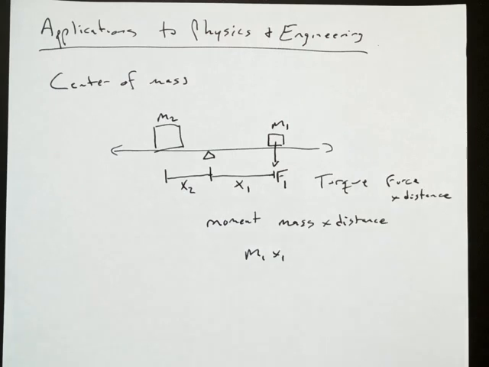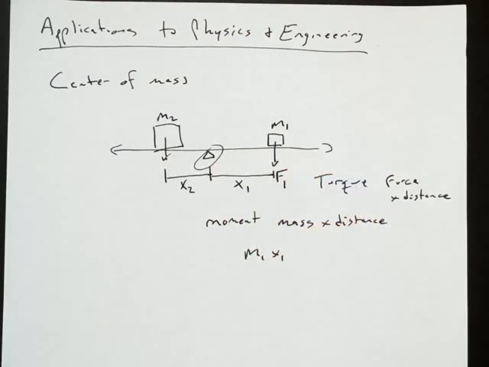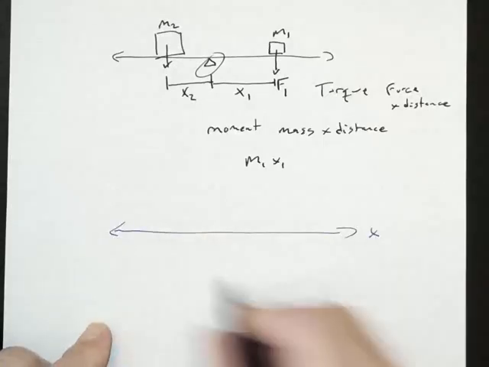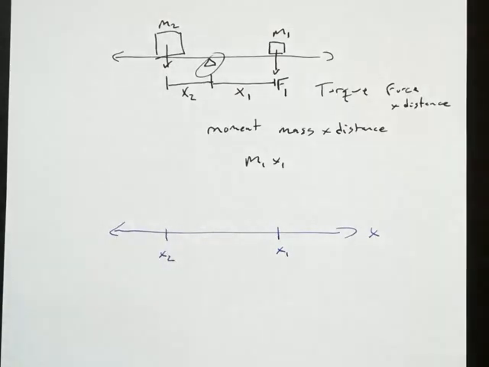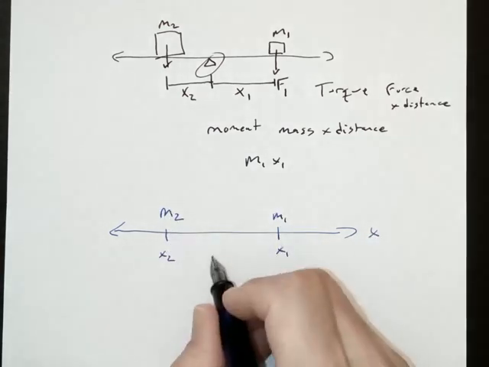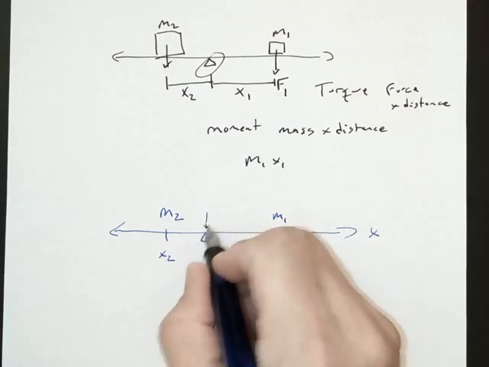So let's suppose instead of moving the masses, I get to move the balance point. All right, I need to change a couple things. Those are going to be positions on the x-axis instead of distances. And I'll have a mass here and a mass here. And what I want to find is where to put the balance point.